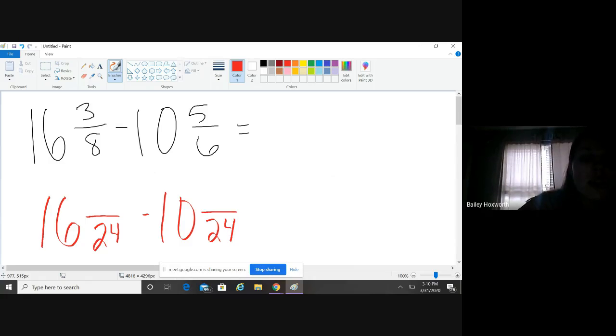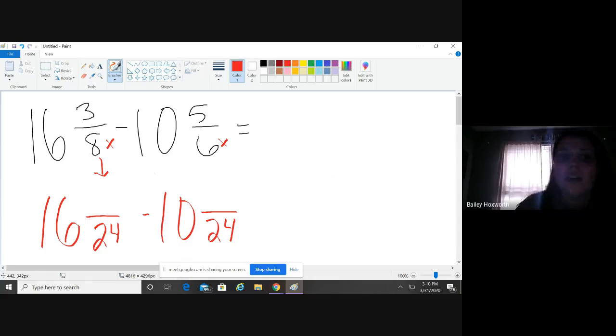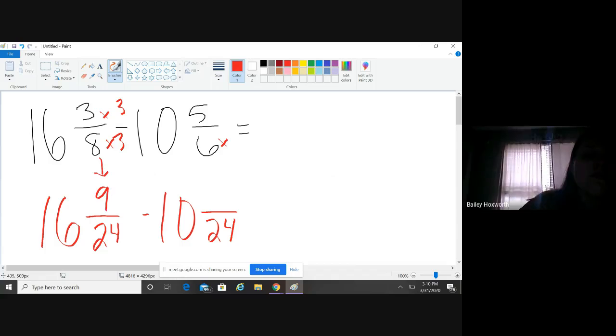And like I said, whatever you do to the bottom, you got to do to the top. So how many times did I multiply that 8 to get to 24? 3 times. And whatever I do to the bottom, I have to do to the top. And then 6 times what got me 24? 4. And whatever I do to the top, I got to do to the bottom.